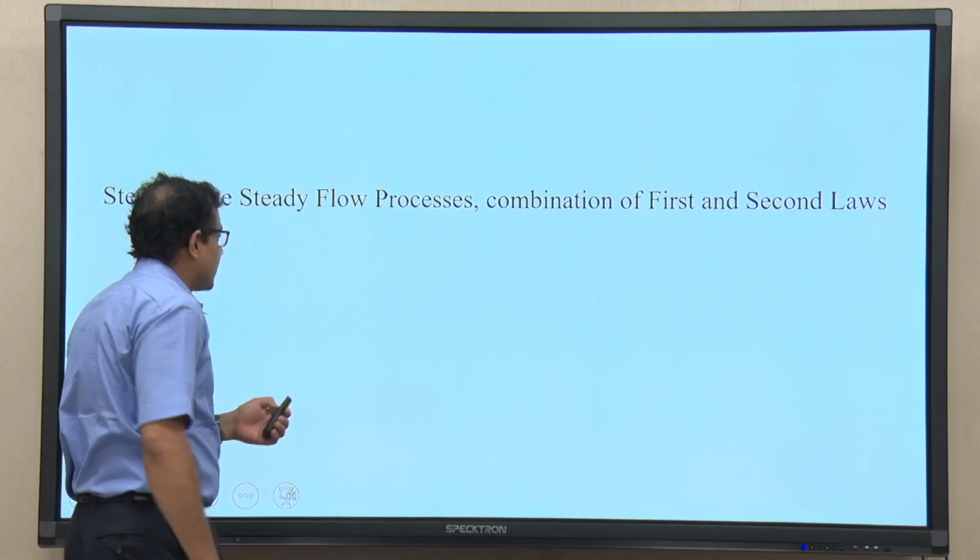So, if we try to write that equation, first law for a flow process across the control volume.